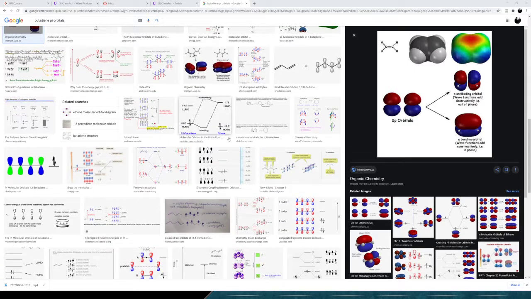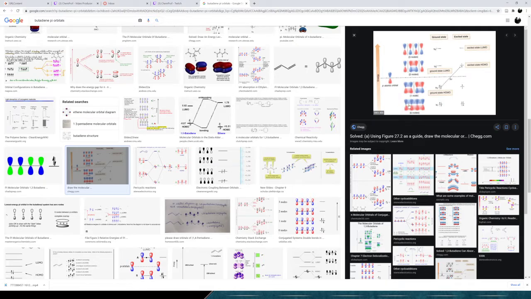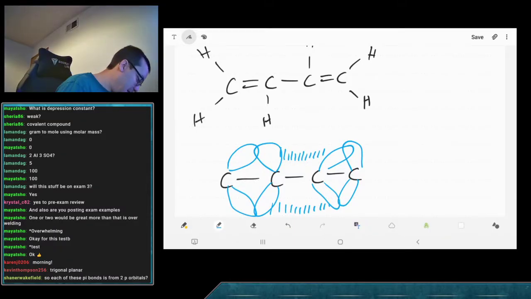Let me see if there's a good example of this. A nice blobbing of them. Aha! This is what I'm going for down here at the very bottom. Ignore all this other stuff. What can actually happen is all four of these can overlap with each other, and form these bridges between each other. And so that's going to show that these electrons can actually travel basically the entire length of this system.